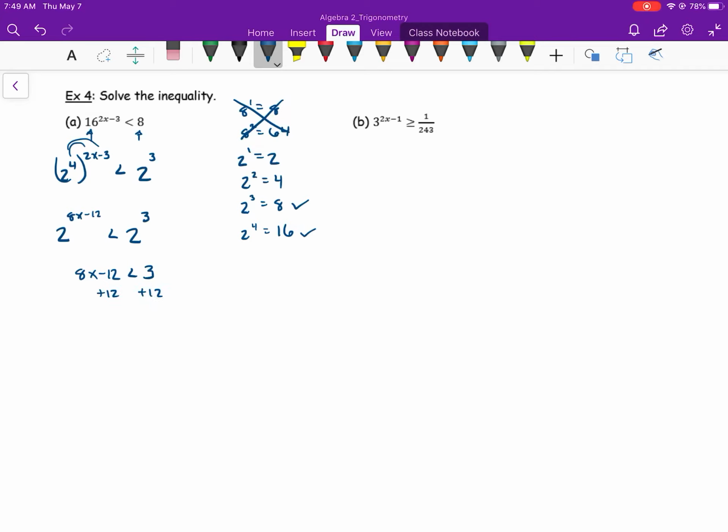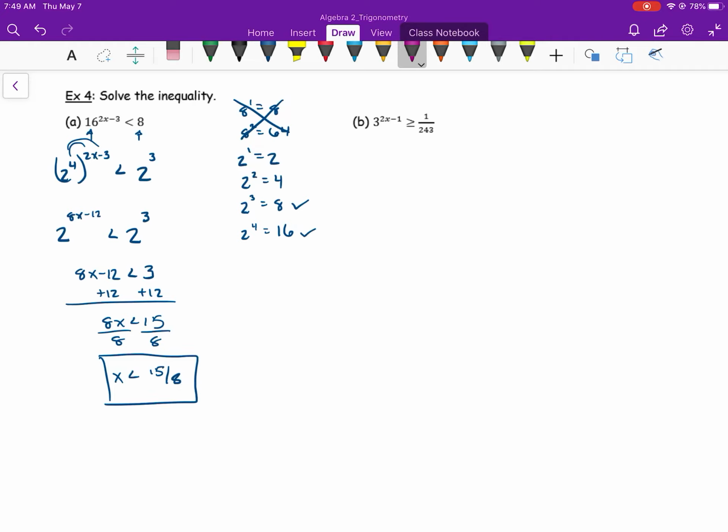Add 12. So 8x is less than 15. Divide by 8. X is less than 15 eighths. You can leave it as a fraction, or you can make it into a decimal. Doesn't matter.